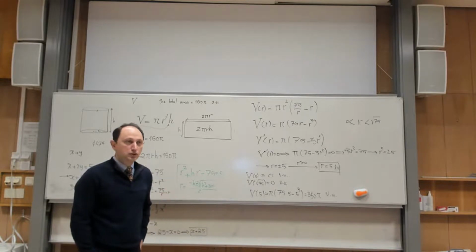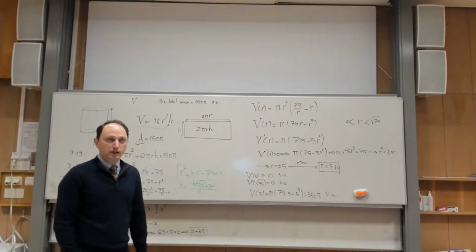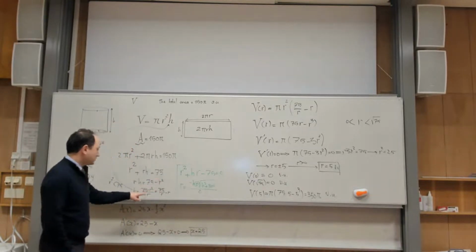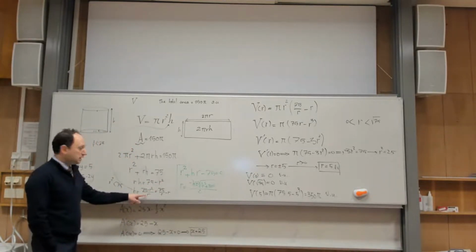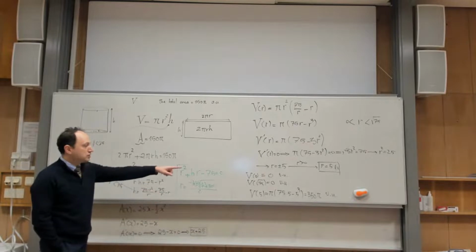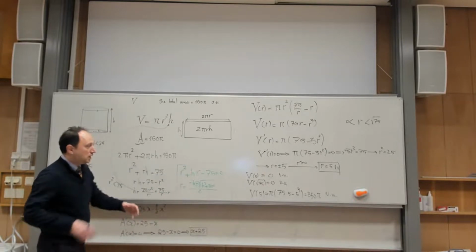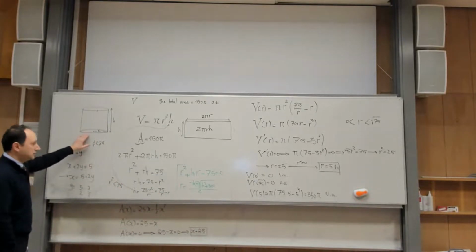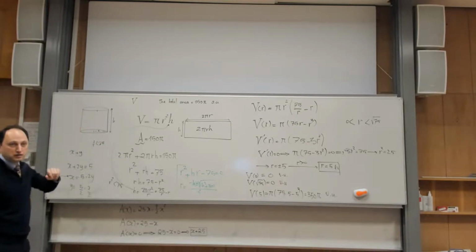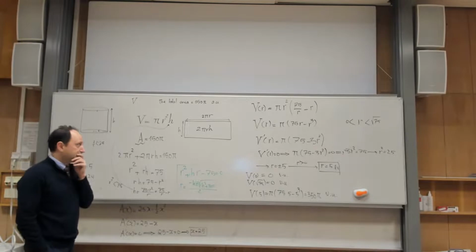So you need to tell me R and the height. R is given as 5, you put it back into this formula: 75 divided by 5 is 15, minus 5, is 10. So if I want to achieve that maximum value, I need to choose a cylinder whose radius is 5 and its height is 10.